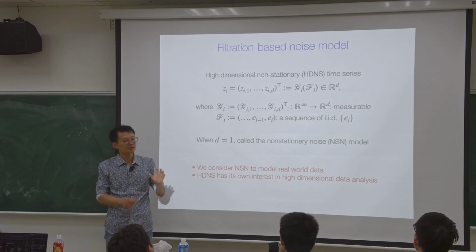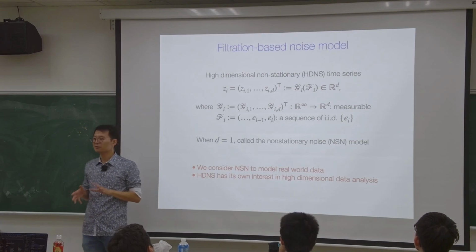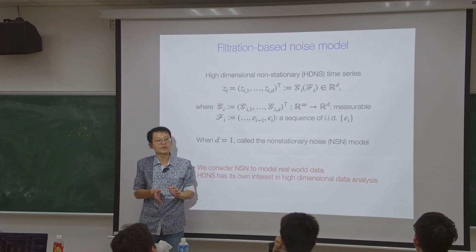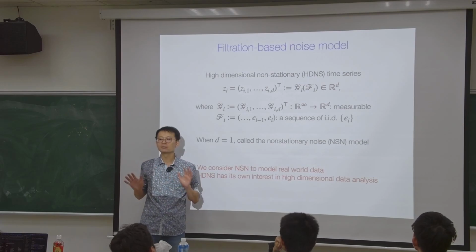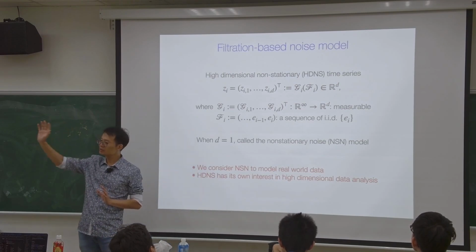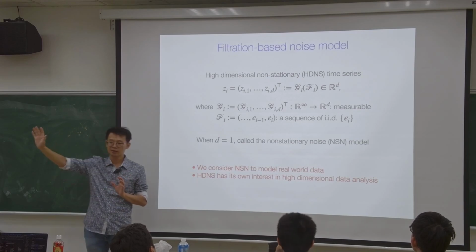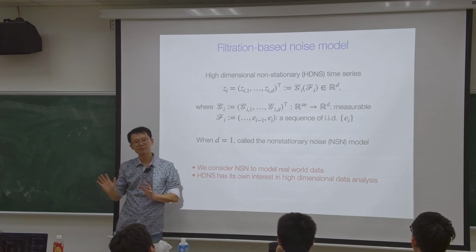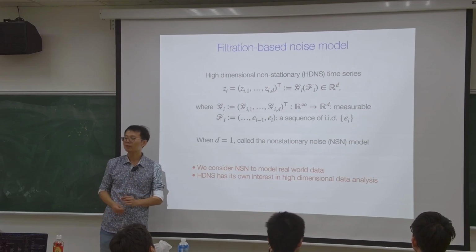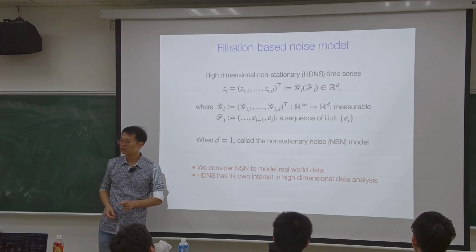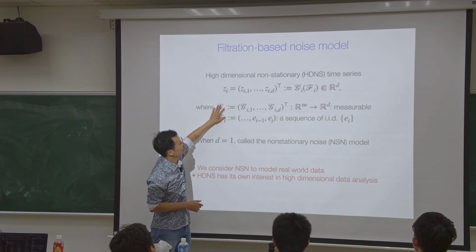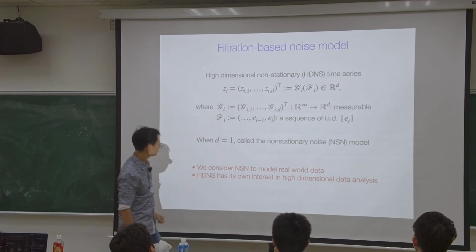So this is a model describing what noise is. The noise is something that we somehow give up modeling. We just say it is so complicated. We just need a very general condition that can be satisfied by most practical scenarios so that we can do analysis and get guarantees. We do not aim to study the structure of the filter.